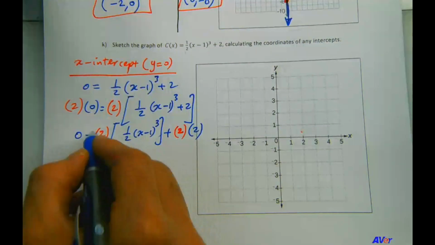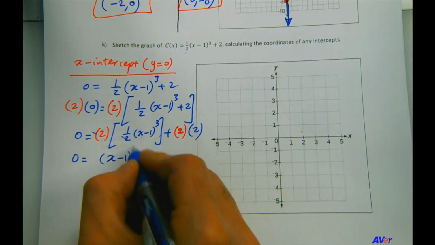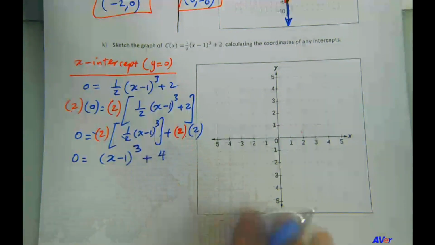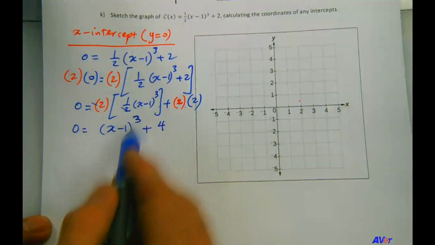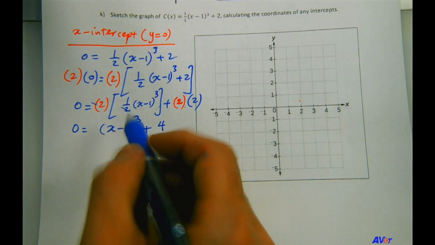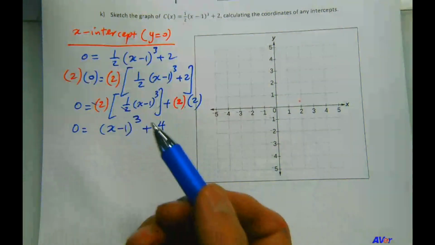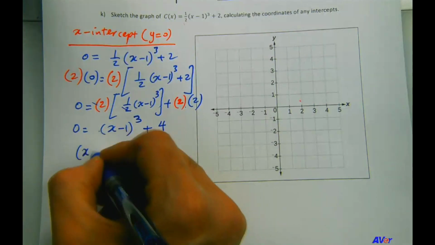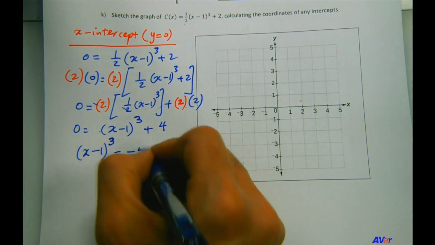We get x minus 1 cubed. This 2 times that 2 is 4. Then let's move this to the other side because we're solving for x, which means everything we do is with the objective of isolating x, as long as we're solving for that variable. So I'm going to move this to this side and keep this coefficient positive. So x minus 1 cubed equals minus 4.